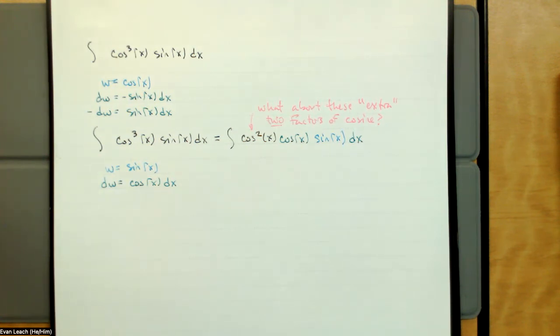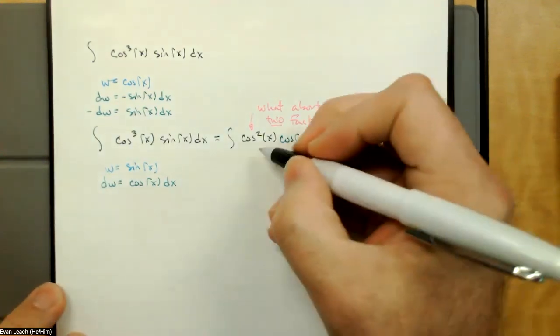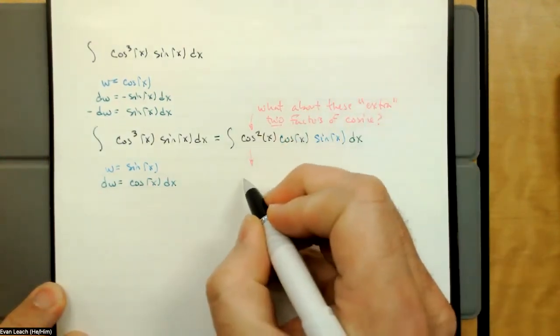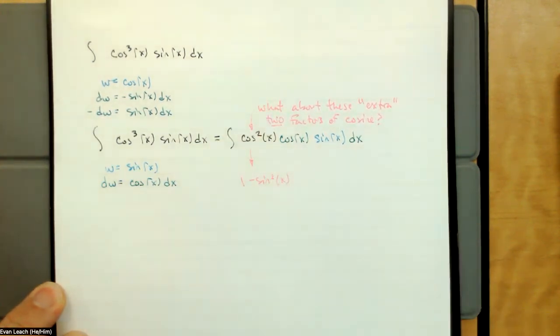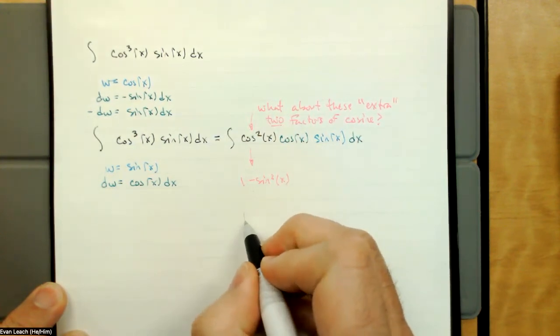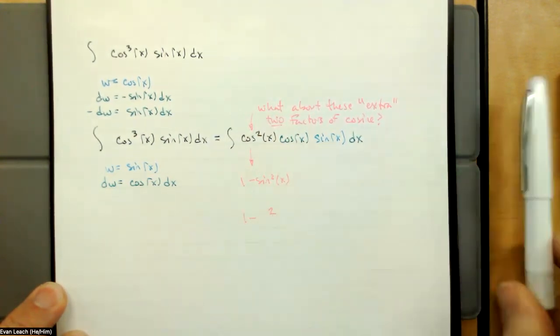The reason that we can deal with this is that there is an even power of cosine, and cosine squared is equal to 1 minus sine squared. And this is good because sine is just the w. So this is just going to be 1 minus w squared.